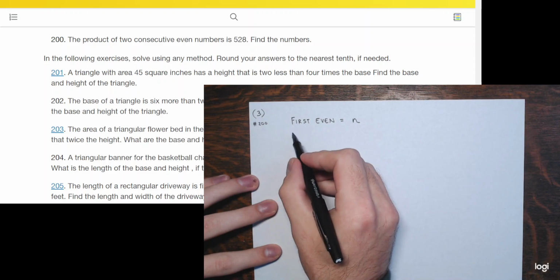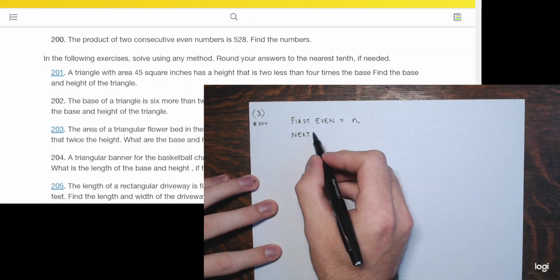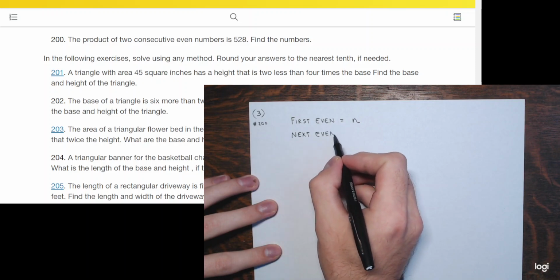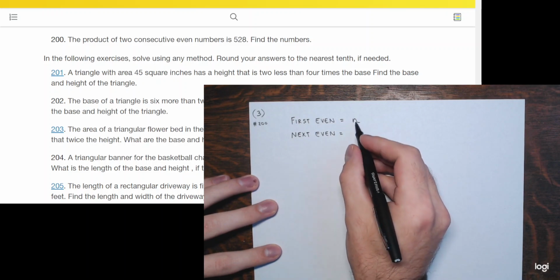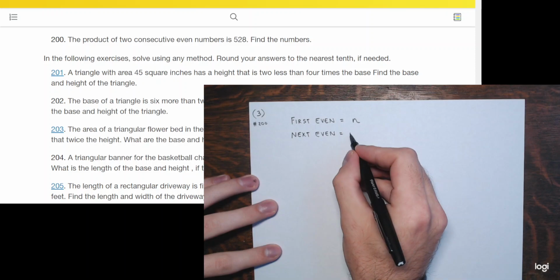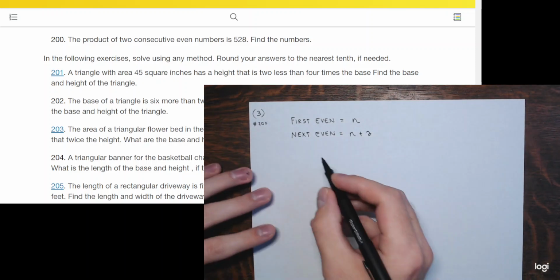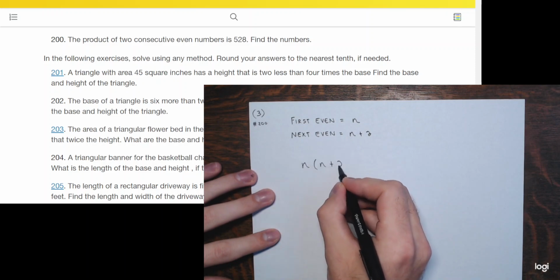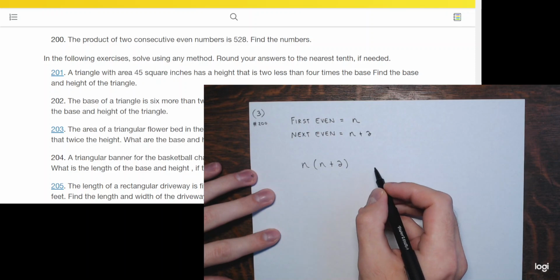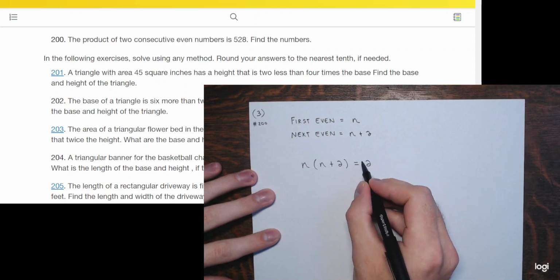And then the next even number, since they said they're consecutive even, the first even's n, the next even would again be n plus 2. And it's saying that their product, n times n plus 2, needs to be 528.